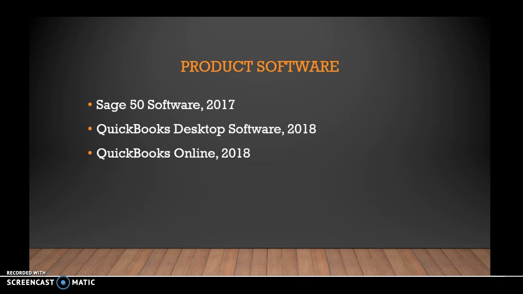In each of these software packages, as we go through the computerized accounting class, you will find that we will be doing a lot of the same types of transactions. In fact, both Project 1 and Project 2 are for the same company with the same transactions, so there is a bit of redundancy.